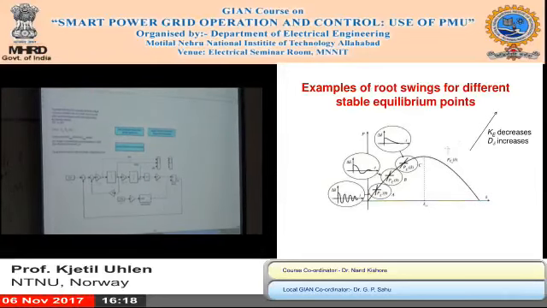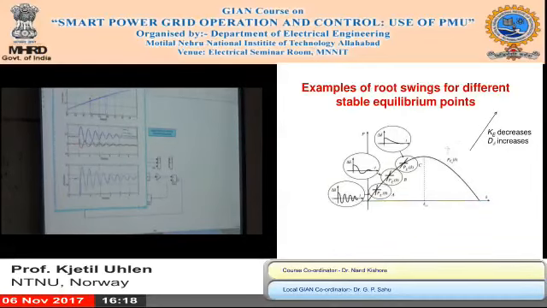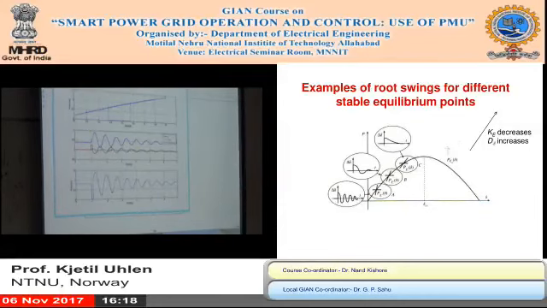Then we can have a look at what happens. You see the oscillations along the power versus angle curve. And here's the angle, the acceleration, and the speed.